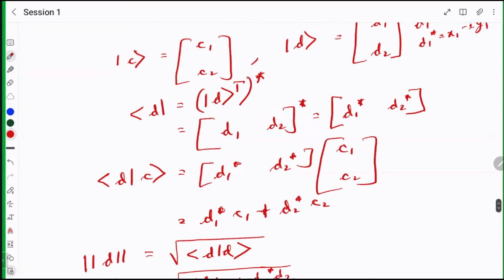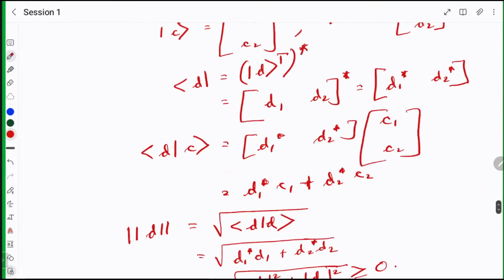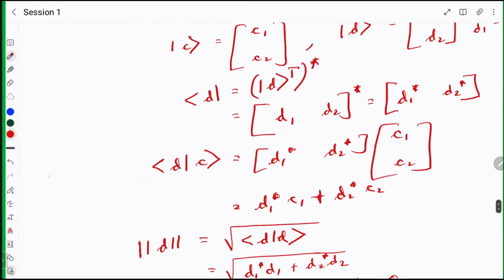So in this space, we had to change the definition of the dot product and call it the inner product. And notice that it's not necessary that for all spaces the inner product might look like this. The definition of bra D which we used here might not hold for some other vector space.